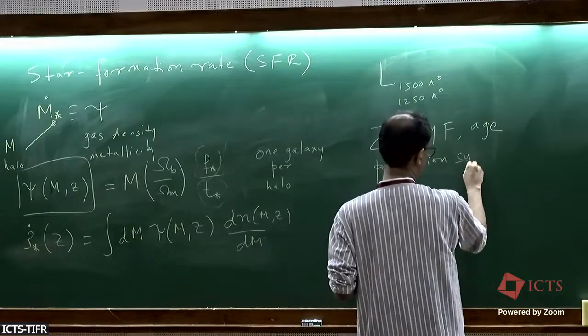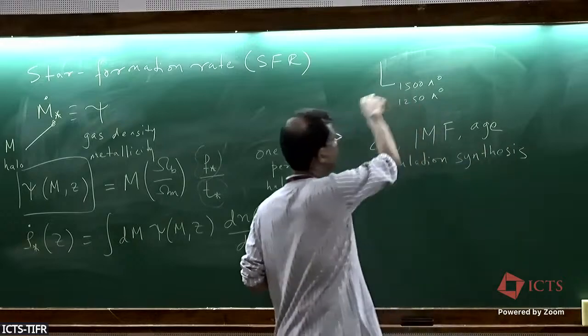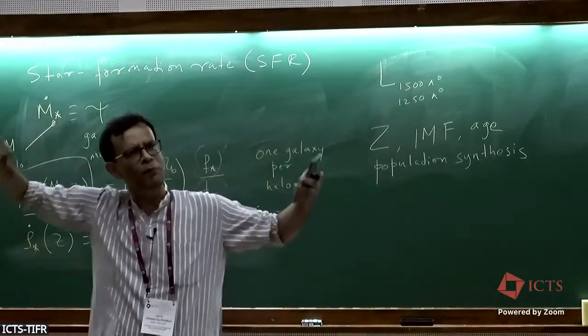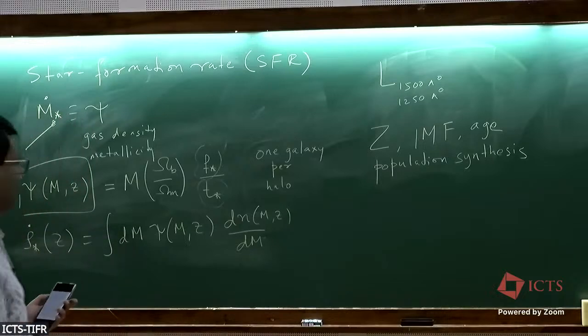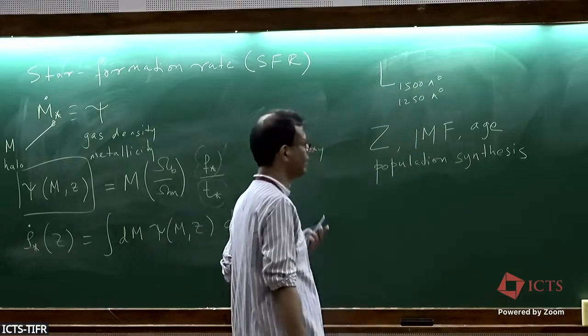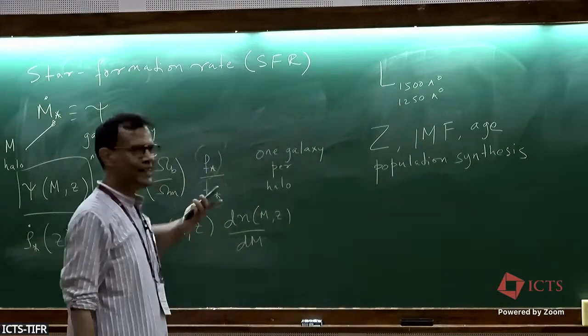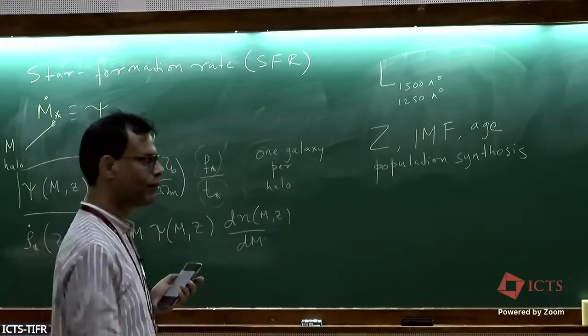And there are publicly available versions of them, which will give you this luminosity. It will give you many observable properties of that quantity, of that stellar population. So using that, you can calculate the luminosity, and that is directly observable.